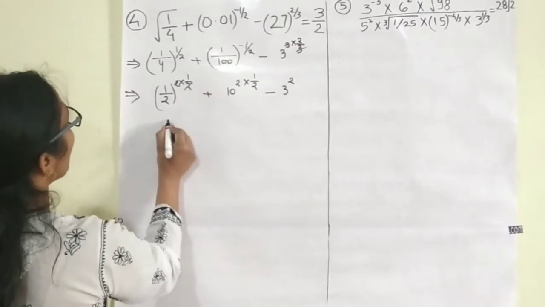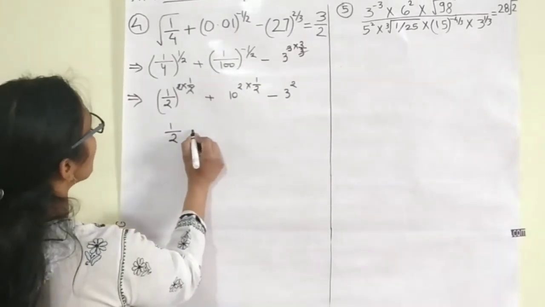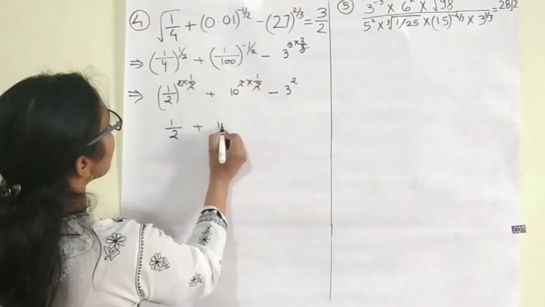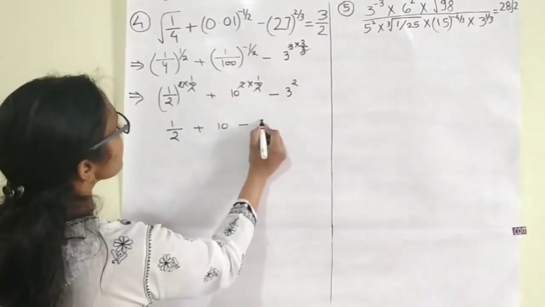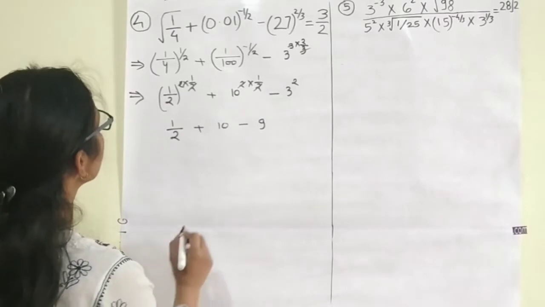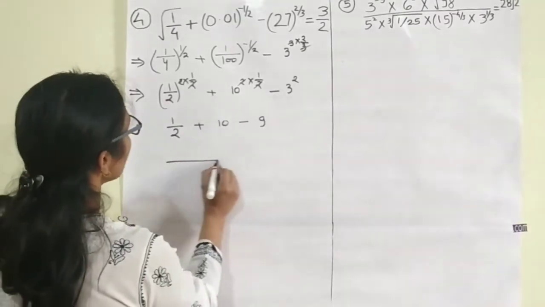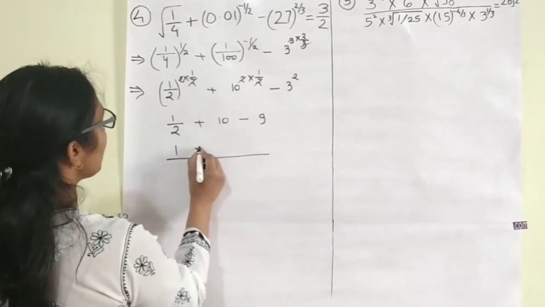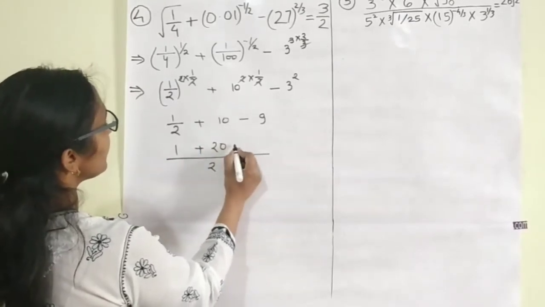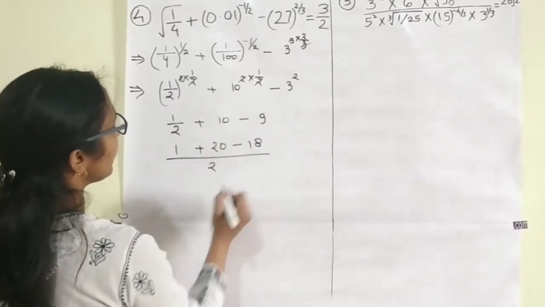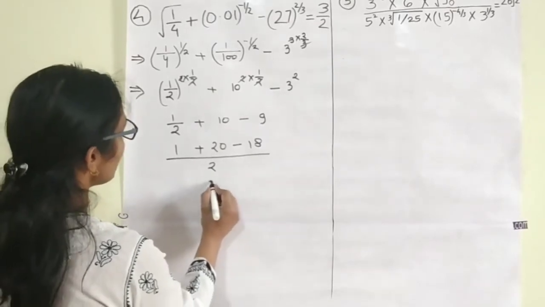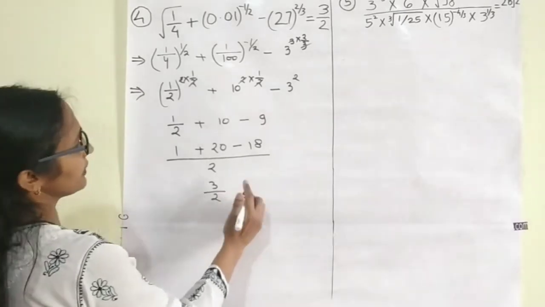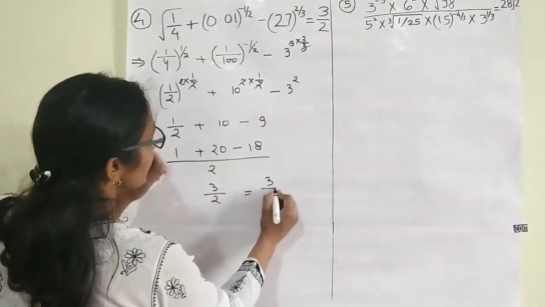So, 1 upon 2 plus 10 minus 9. Now, LCM is 2, 1 plus 20 minus 18. So, 3 upon 2 equals 3 upon 2.